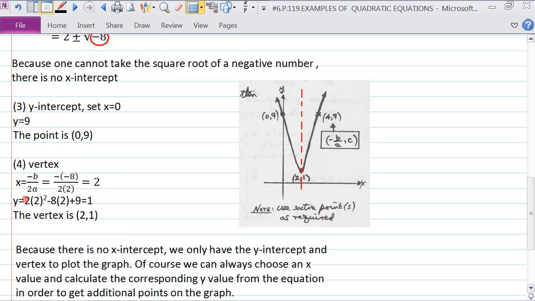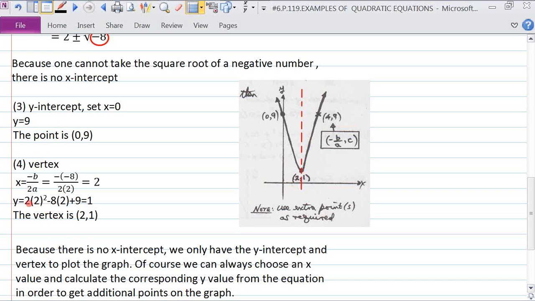Put this into the equation, 2x squared minus 8x plus 9. And this becomes 4. 2 times 4 is 8. 8 minus 16 is minus 8. Minus 8 plus 9 equals plus 1.